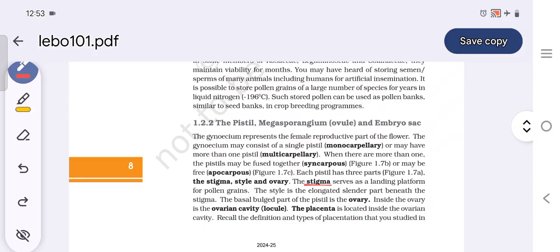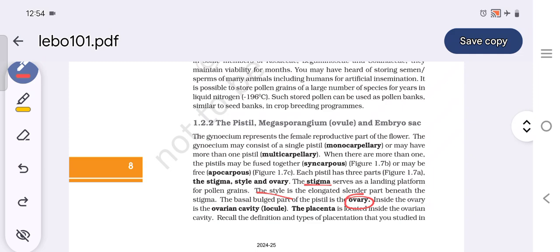Finally, in order to grow the pollen tube, the pollen grains have to land on the stigma. The pollen grains that land on the stigma are the ones that can grow the pollen tube. Now, the style is the tube that extends from the stigma to the ovary. Ovary is the basal part which is bulged.